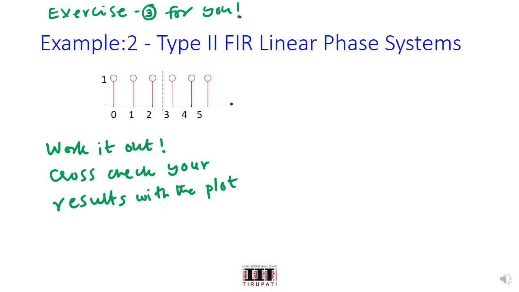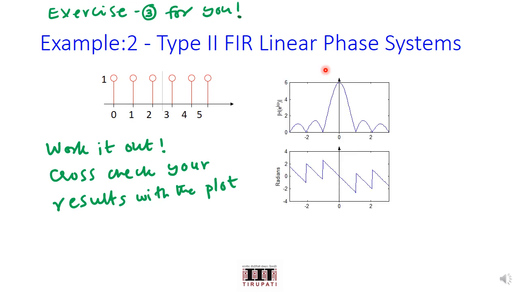How can you say that? This is an even symmetric sequence, but the number of coefficients, 1, 2, 3, 4, 5, 6, is even. So work it out. I will not give you the analytical expression, but get your analytical expression, draw it and compare it with this graph. This is what you should be getting.